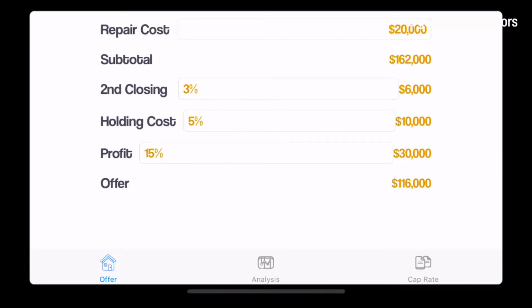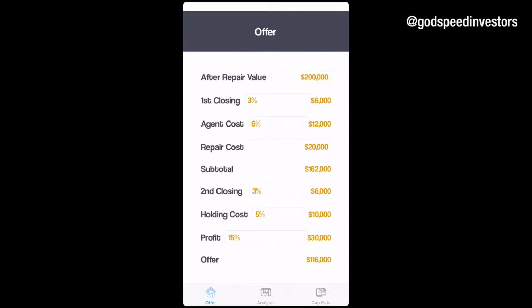Now that's not too far a stretch from what it was if they did fix it themselves, right? The 162 to 140, 116. So it just helps to make your offer a little bit easier to swallow, so it's just a way to explain it. Recrop it again. Let's go to the next tab.